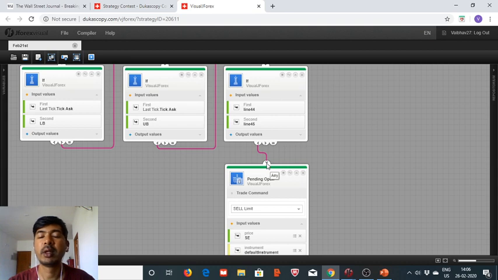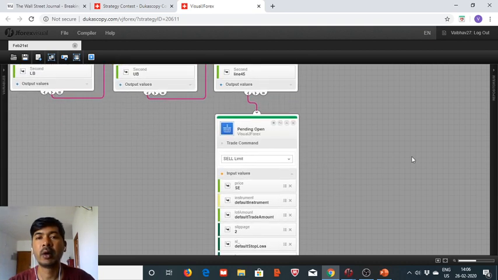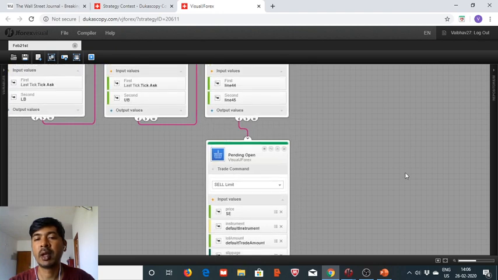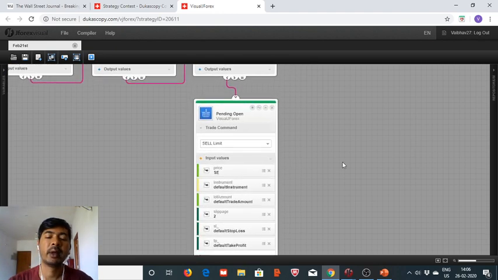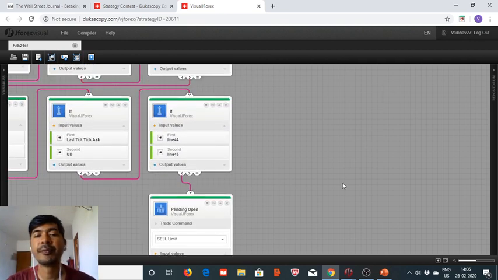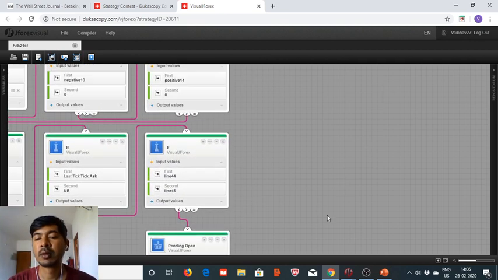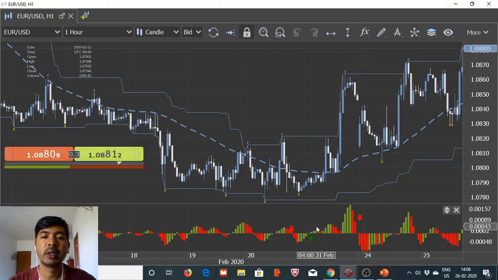So we brought in this requirement of line 44 being less than line 45, and then that will open up the sell trade. So far so good, the SMA condition is done.